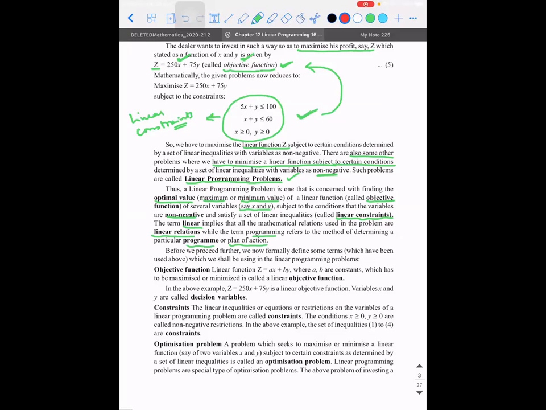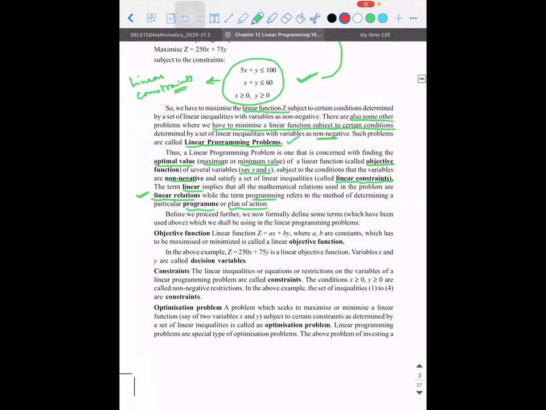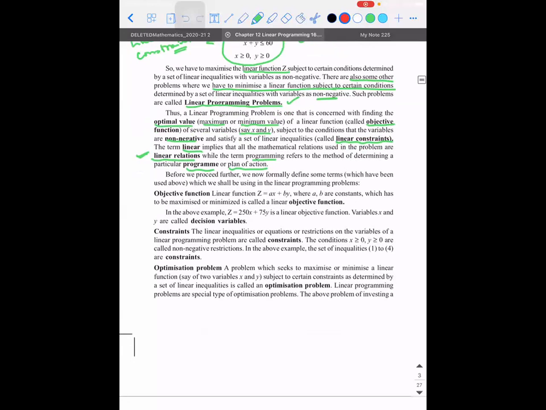Maximizing the profit is done by a planning process. So when you do the plan of action for linear relations, the combination is what is called linear programming. Am I clear with all these terms: constraints, optimization problems?